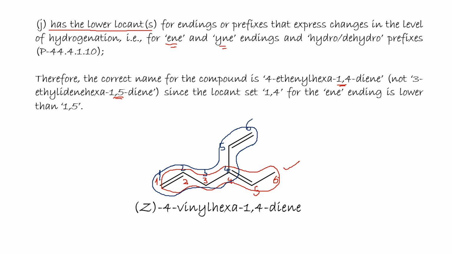So in the blue one, that's 1,5-diene. In the red one, it's 1,4-diene. Which one do you select? You select the shortest locants. So we select this one, it is the correct name.